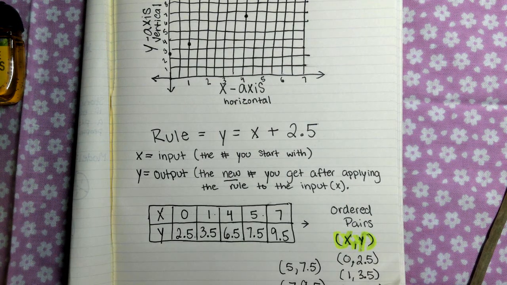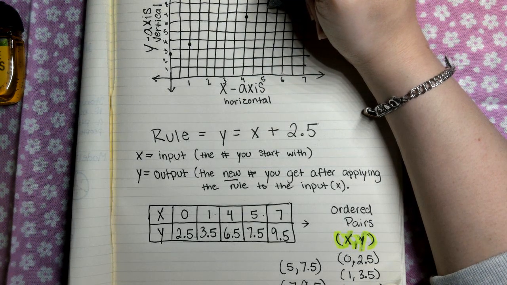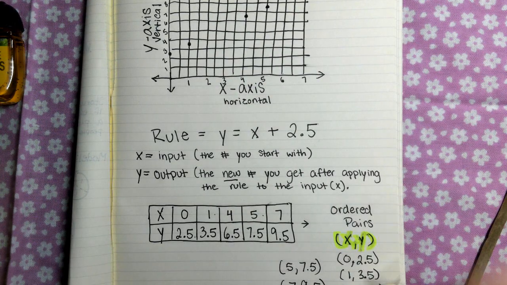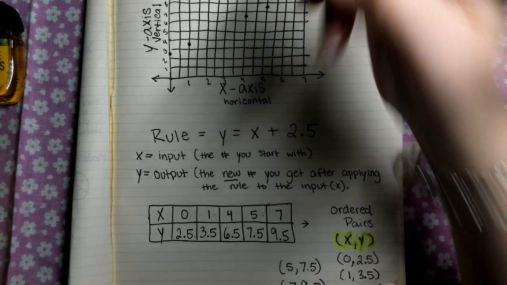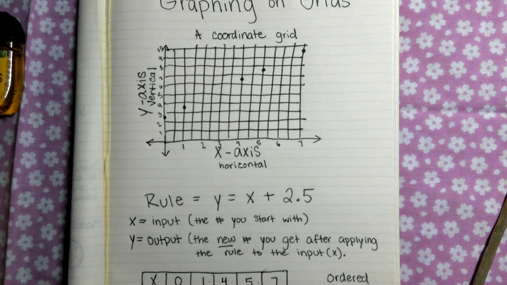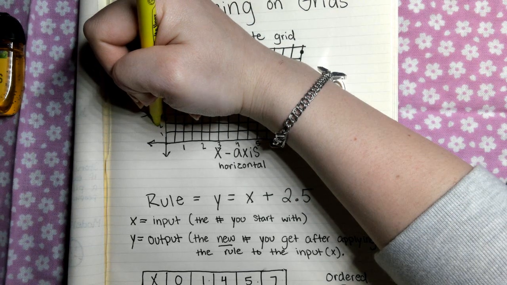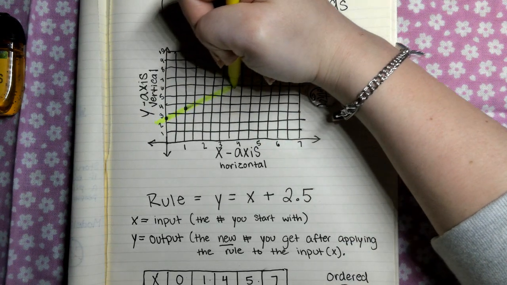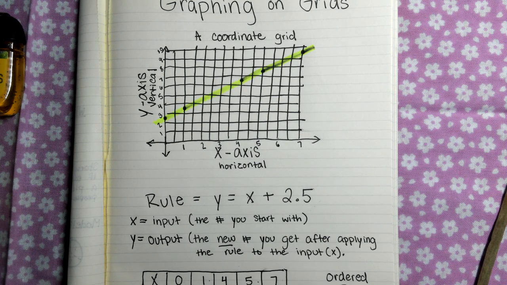That's perfectly fine though. Over to 5, up to 7.5, and then finally over to 7 and up to 9.5. And look at that beautiful line that it makes right through your data. Do you see how straight? Whoops, my ink was still a little wet. You see how straight that line is? That's how you know that you graphed the data correctly.